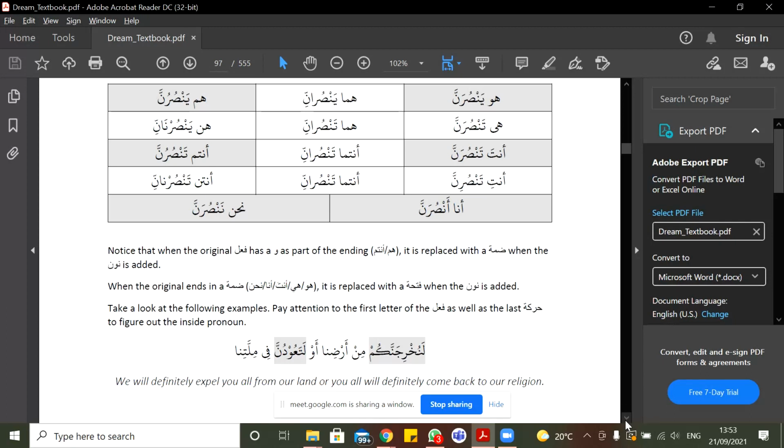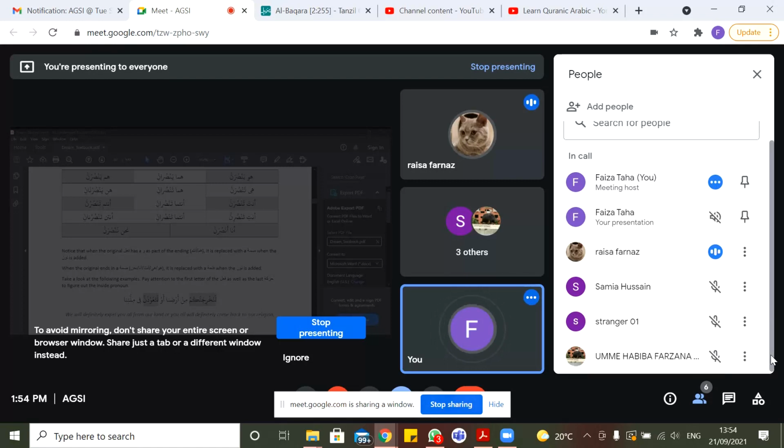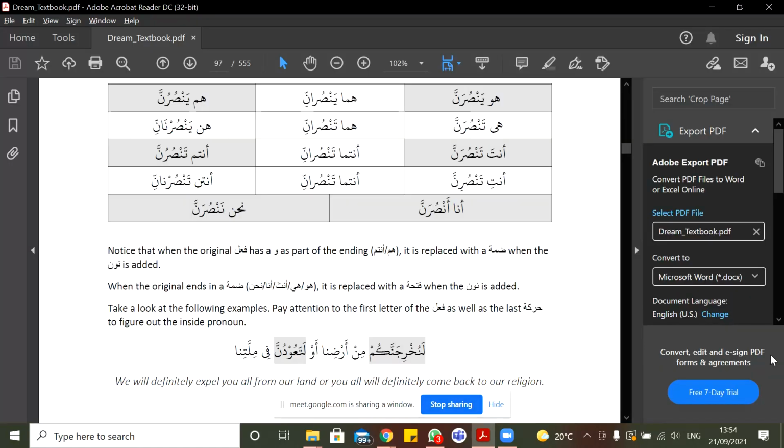Is that okay to everyone? The silence tells me that I want Sister Raisa to please do it again and explain what I've told you so far, as I've asked you to do. So reattempt this ayah, please.